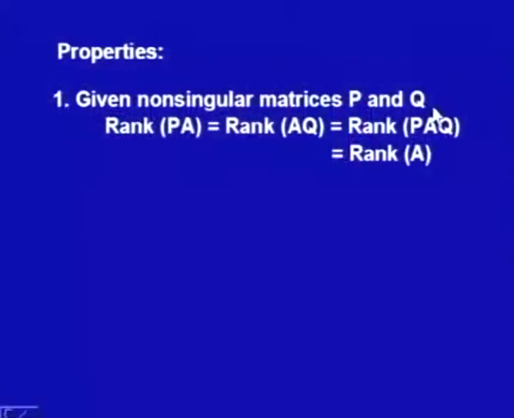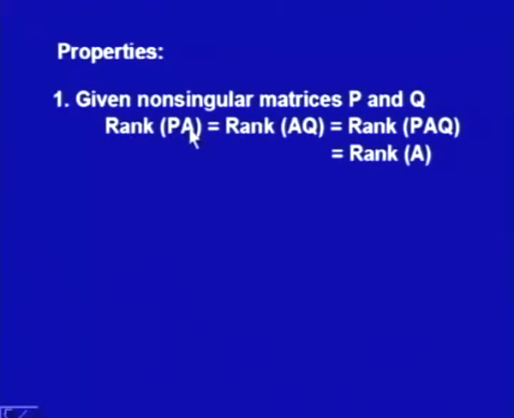Now, we will establish certain properties of rank. So, the first property is, if non-singular matrices P and Q are given, then rank of PA is equal to rank of AQ, and is equal to rank of PAQ, which is equal to rank of A. So, this matrix A is being given to us, P is non-singular.